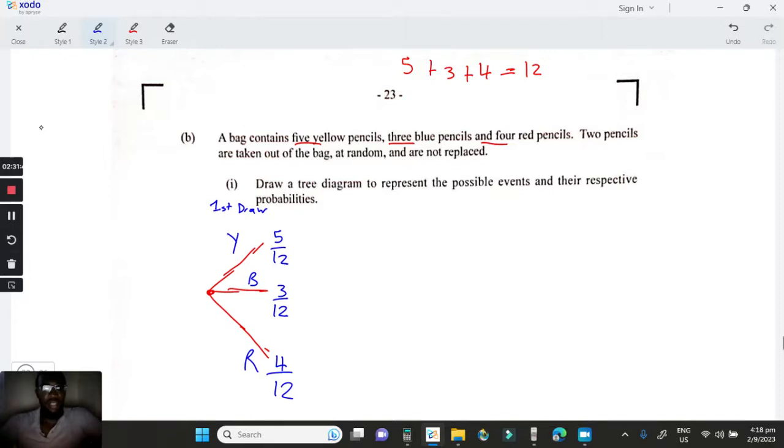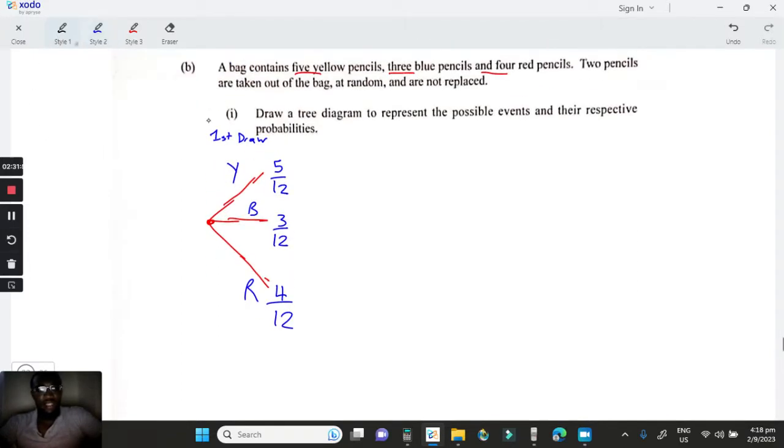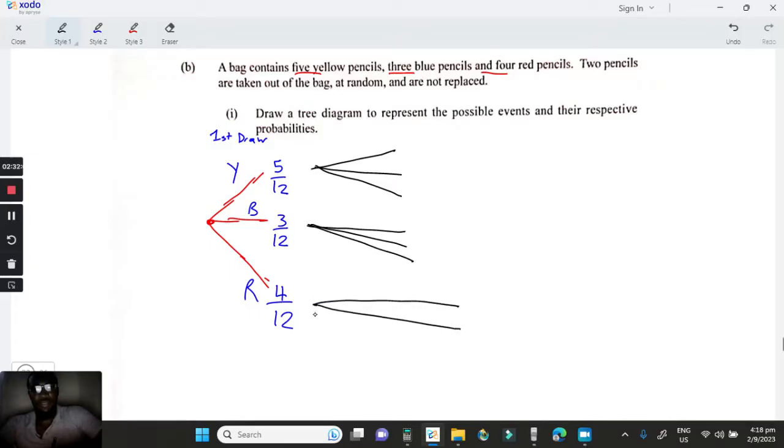Now for the second draw again, it can be what? Yellow, blue, red, yellow, blue, red, yellow, blue, red. Now, if you draw yellow first, then 4 yellow would remain. So it would be 4 out of 11.